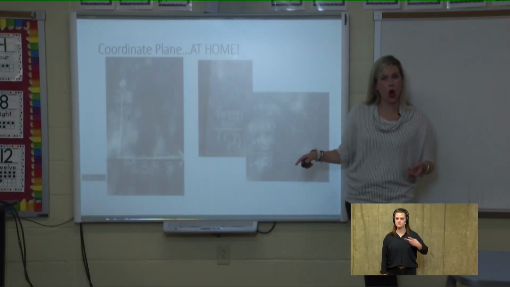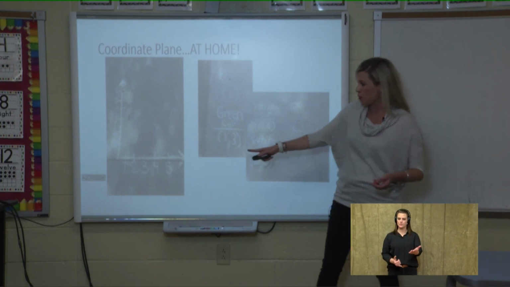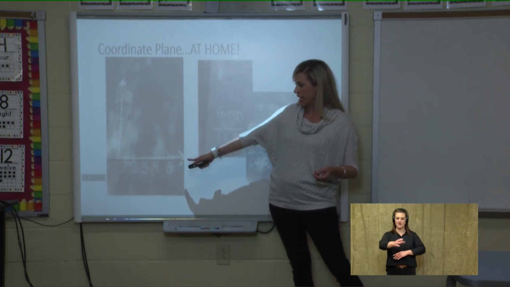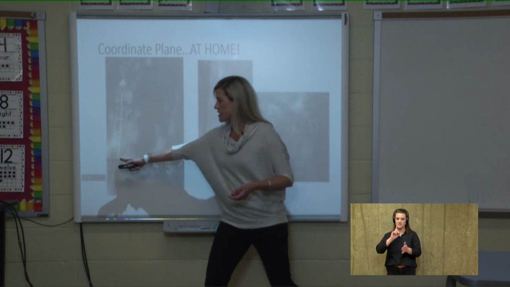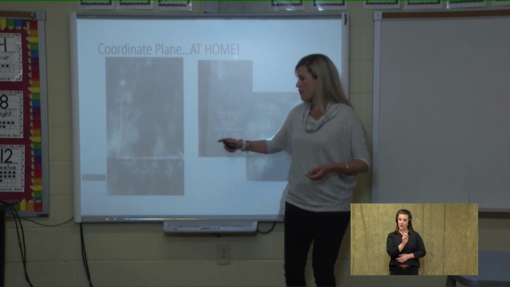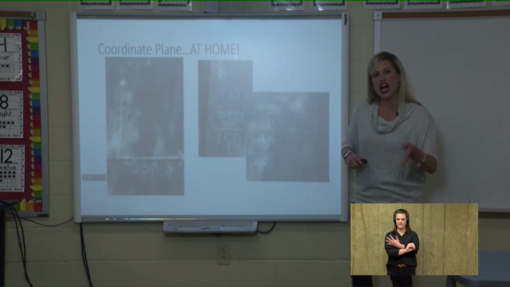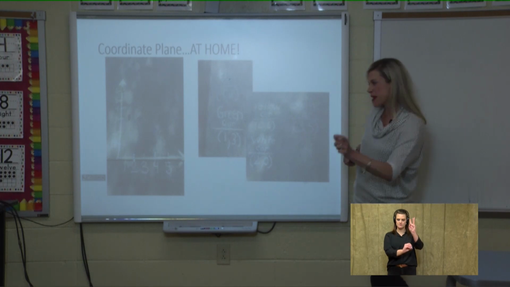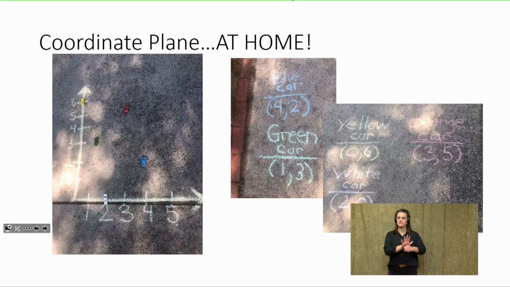I drew on the ground on our sidewalk a coordinate plane. Notice the origin is right there, and then I went over 5, then I went up 6, and I spaced everything out about the same space. And I'm not sure if you can see well, but I put cars along the coordinate plane.